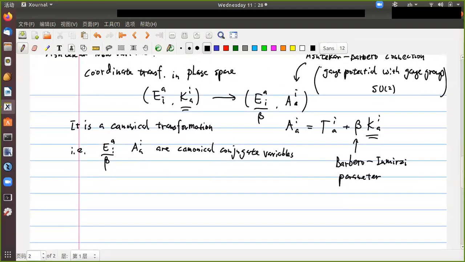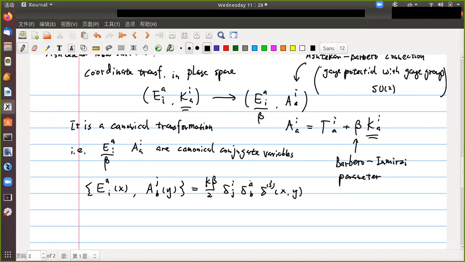So the Poisson bracket between E and A is as follows: the bracket of E^a_i and A^j_b equals half kappa beta delta^j_i delta^a_b, and so on.